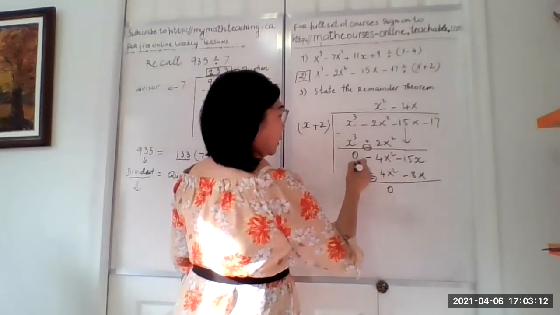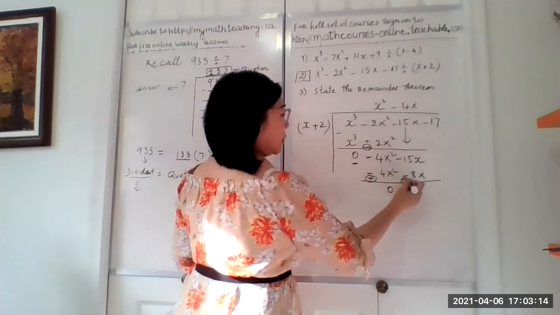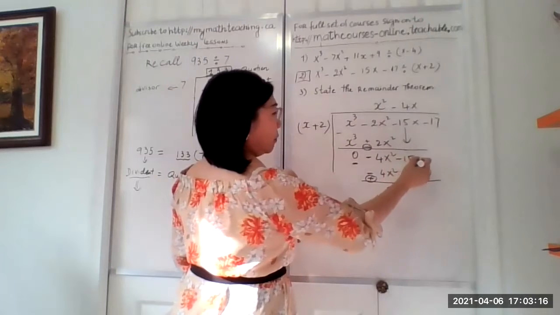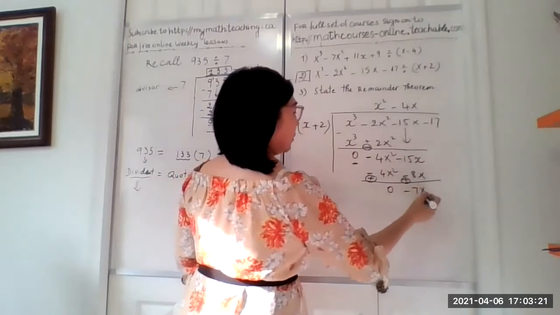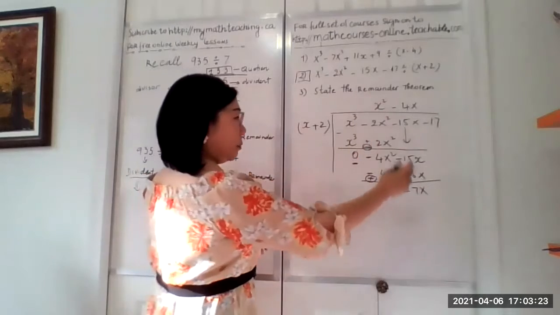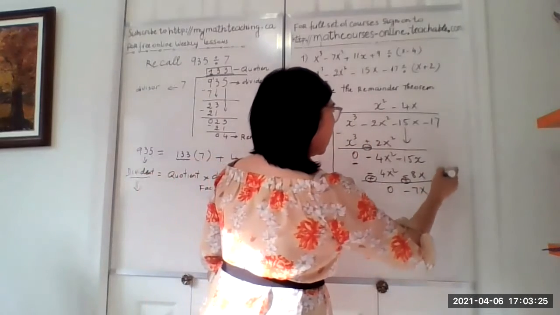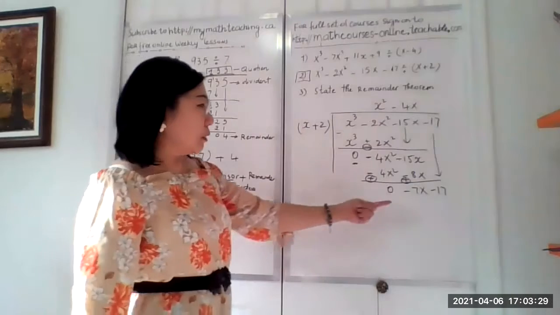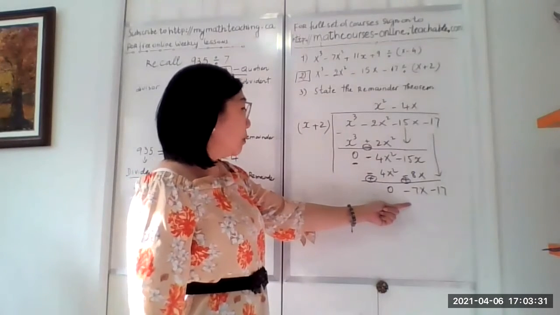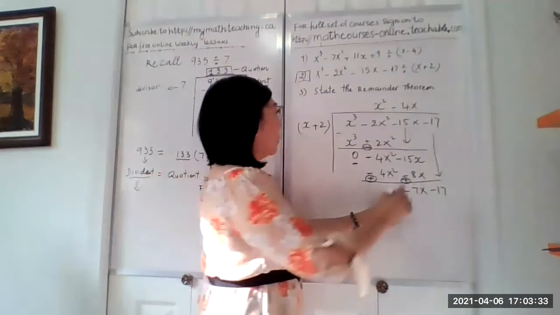This sign will alter this to become positive as well. So we have minus 15x plus 8x, which becomes minus 7x. Now I'm going to bring down the minus 17 down here. Now I continue to divide. And of course the answer will be minus 7.